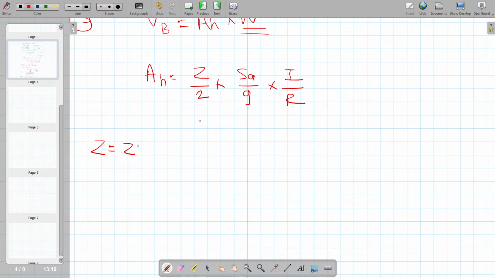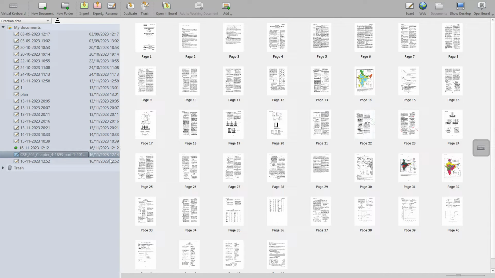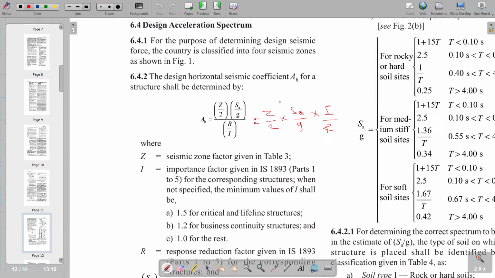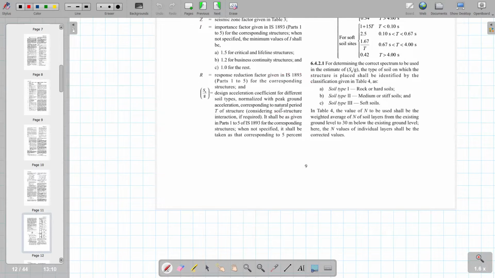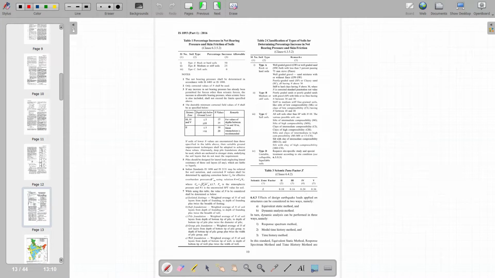So Z is your zone factor. In our problem, they said that it is zone 5. Okay, so for zone 5, how much is the value of Z? So again, you need to go back to your code. I'll just zoom out. You have to come to table number 3.